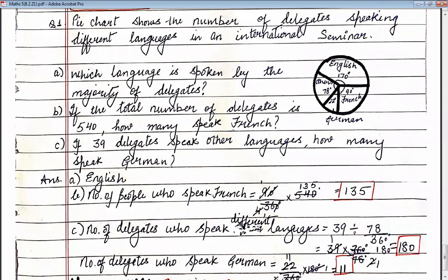So now children, let's see how we will find the total number. To find the total number, you will divide the number of people who speak other languages, that is 39, by the angle divided by the complete angle. So you will say 39 divided by 78 upon 360.